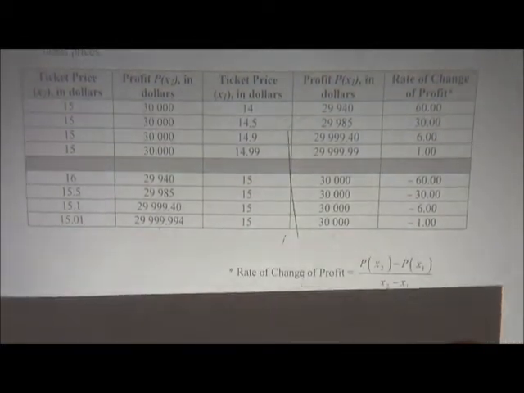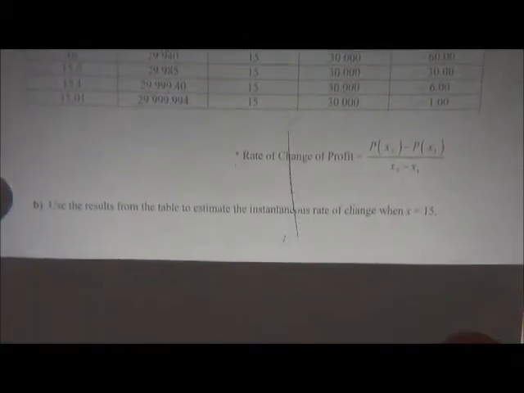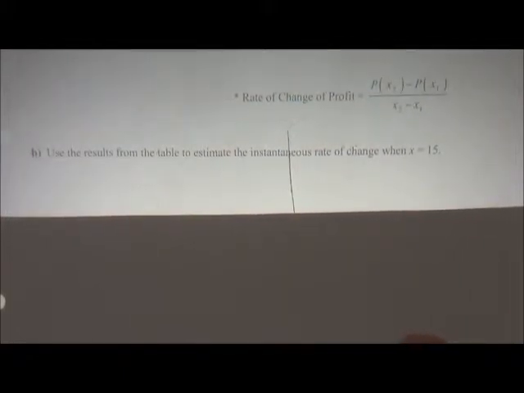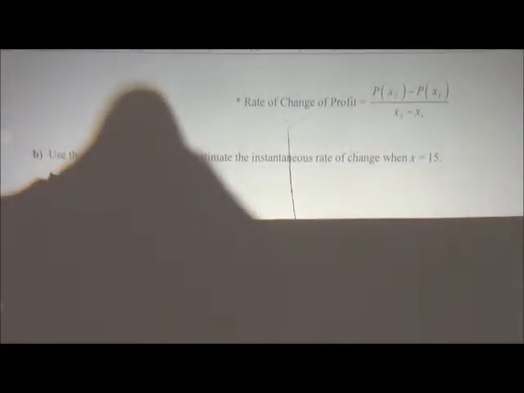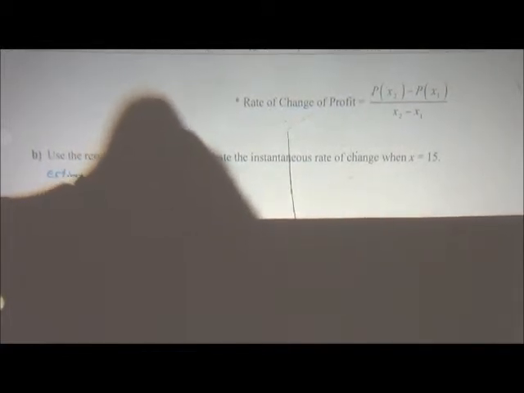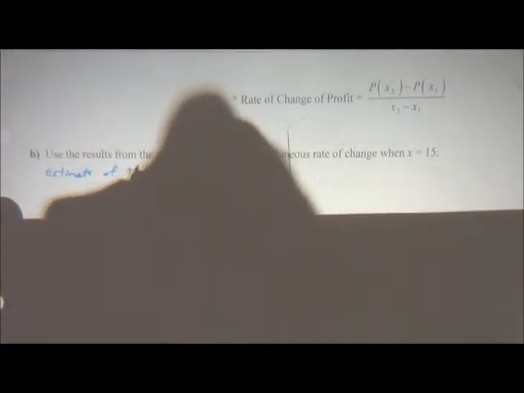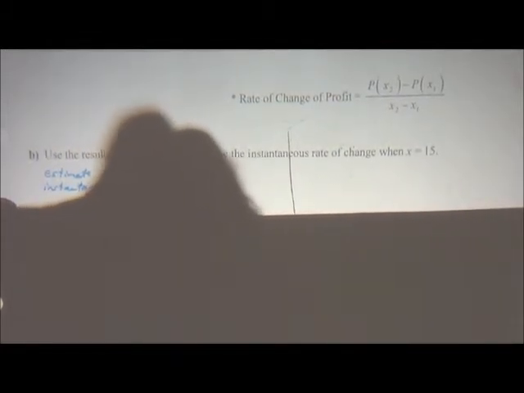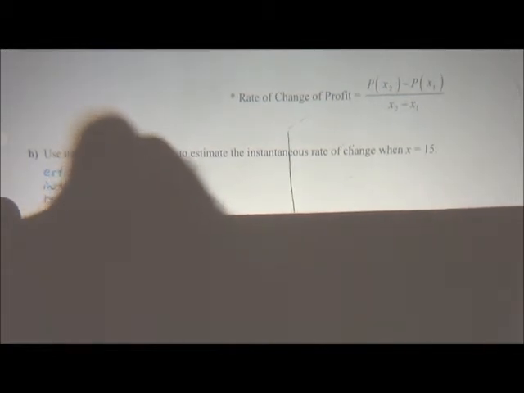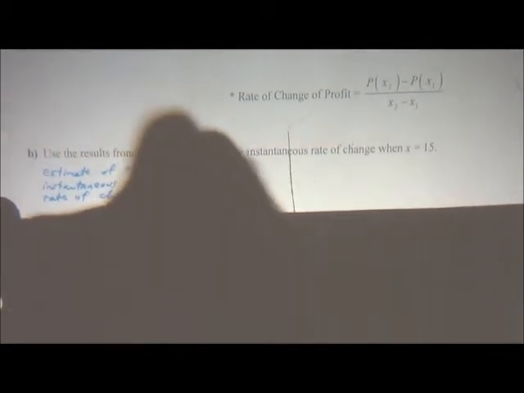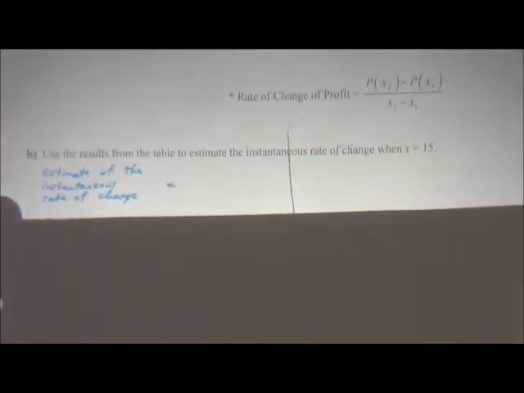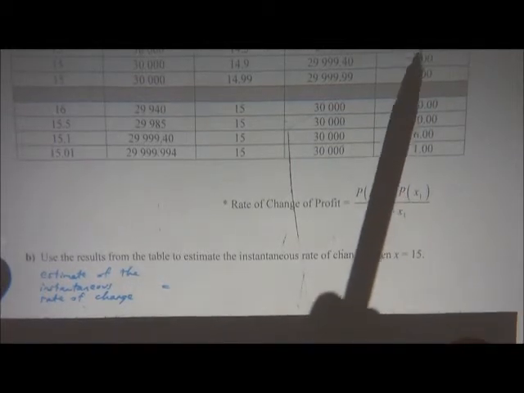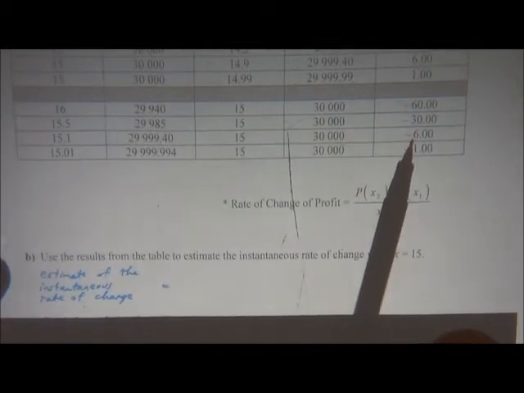So then if we want to use these results to estimate the instantaneous rate of change, one would say the estimate of the instantaneous rate of change equals... So remember that all of these calculations that you've done in the table, those are all average rates of change, every single one of them.